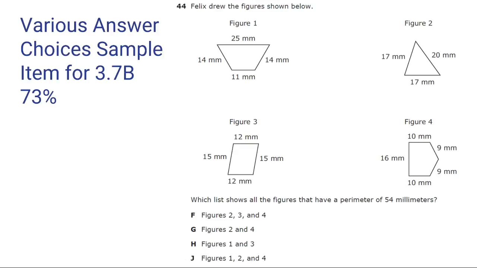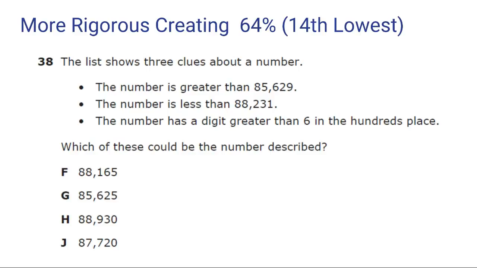Here's another example, number 44. Also, these questions seem to be a little bit more rigorous in some cases, having that bulleted item and then forming the number, creating it, you might say, so that the kids can find which number would fit with these particular characteristics.